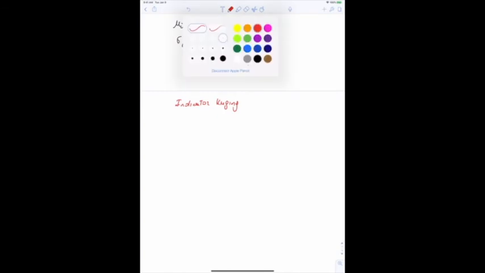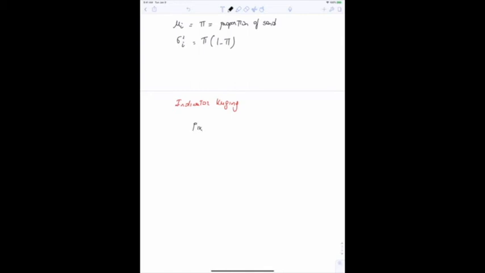Essentially it's exactly the same method, except that instead of defining the kriging estimate, we define the probability. So for example, here we have the probability of the indicator kriging at location k. This is going to be pi plus the sum of the weights wi times the indicator I j, minus pi.